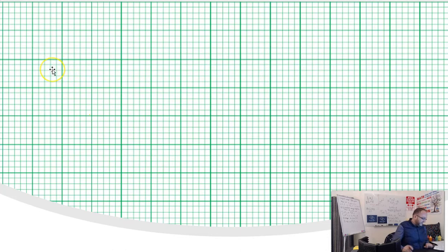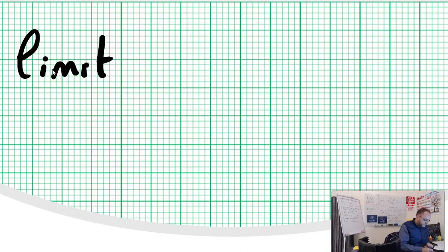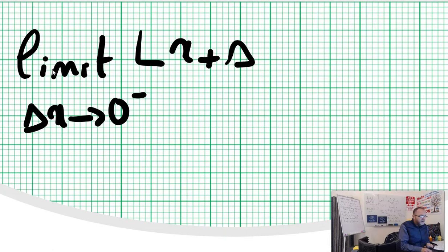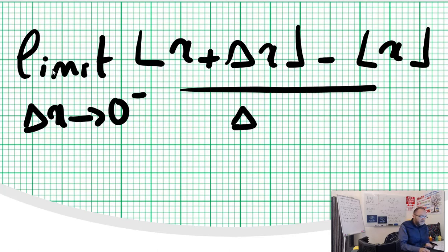So it's basically the following. Let's start with delta x from the left, of the floor of x plus delta x, minus f of x, the whole thing over delta x.